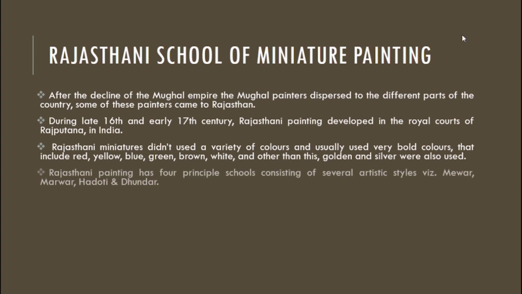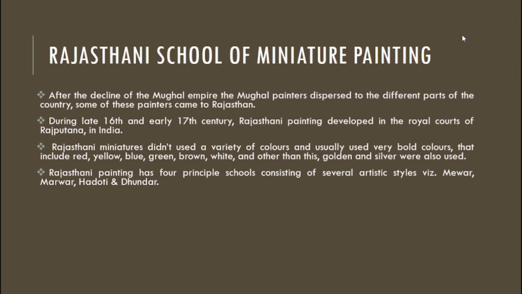The interesting fact here is that Rajasthani painting developed under 4 main schools, and from there it has many artistic styles under those schools, like Mewar, Marwar, Hadoti, Dundhar. These are the 4 principal schools of Rajasthani miniature painting. Under each school, there are several stylistic features which had differences but also similarities.